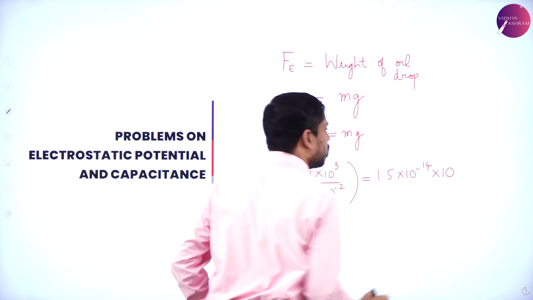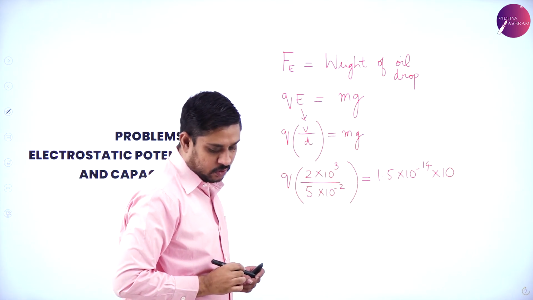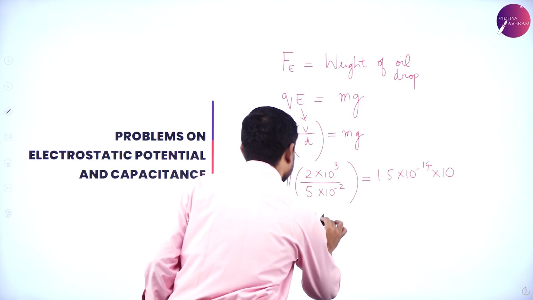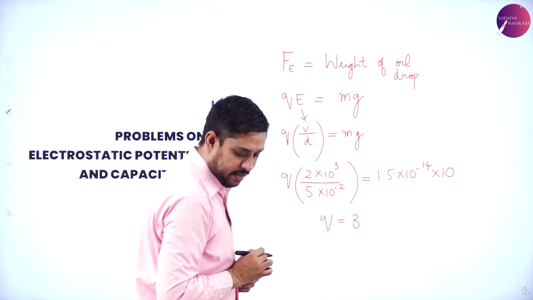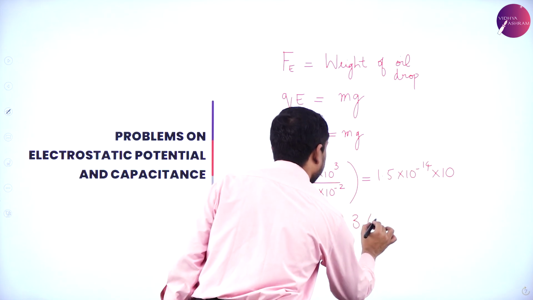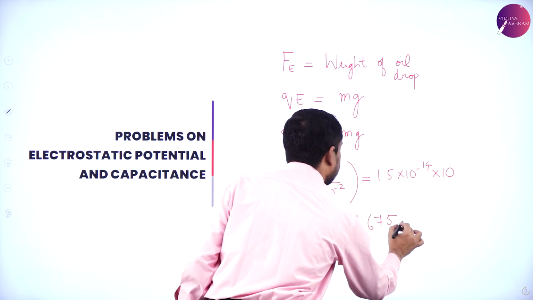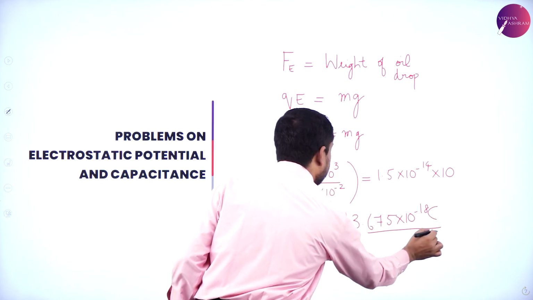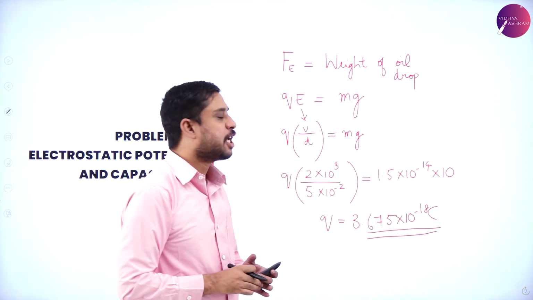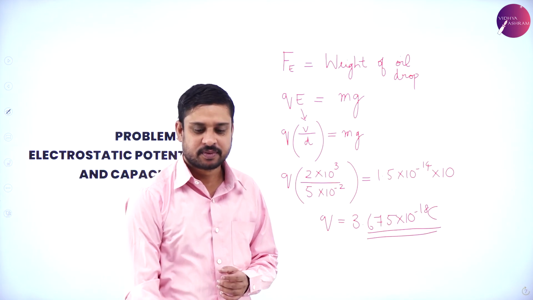G I take to be 10. So this is 3.675 into 10 power minus 18 coulomb. So this is the charge on the oil drop.